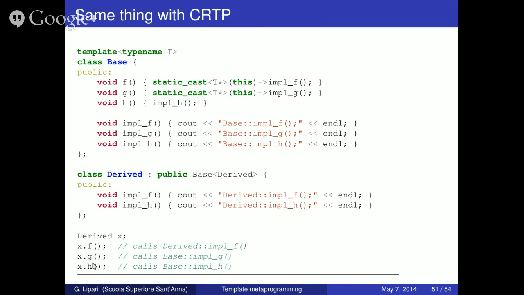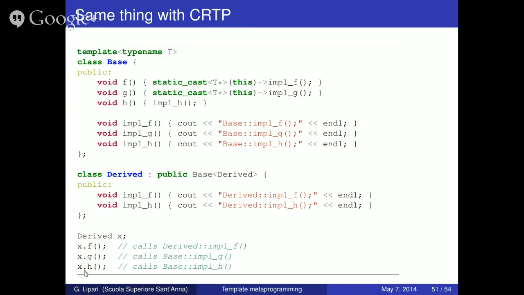And x.g calls implementation g. This performs a static cast to derived and then calls implementation g. But there is only one implementation g here, so it invokes this base implementation g.